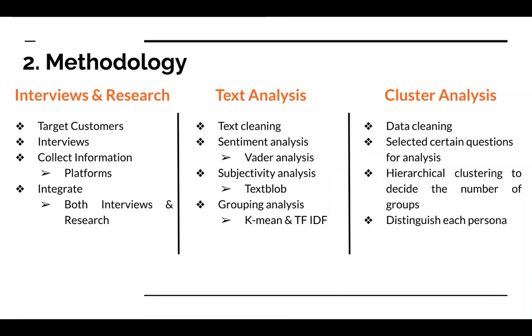We also did some deeper research, collecting information and messages from other platforms. Finally, we integrated both the interviews and the research from the platforms, and then decided the final 5 attributes of Tesla.